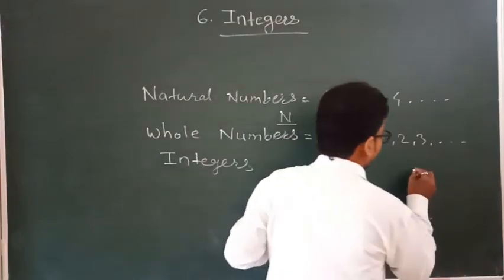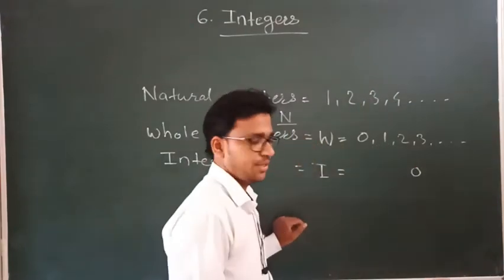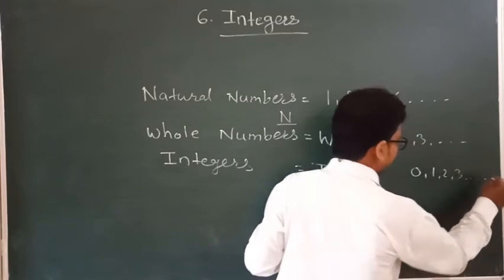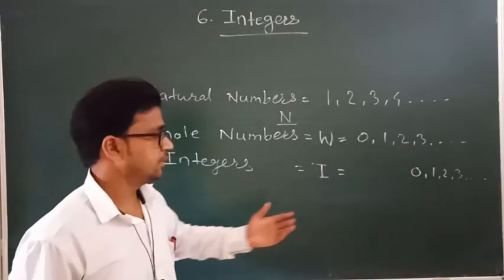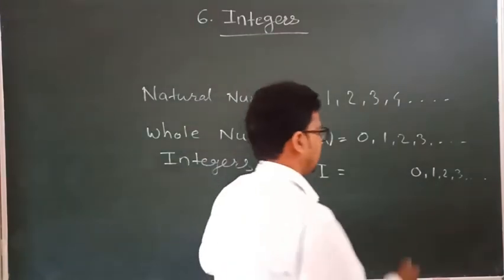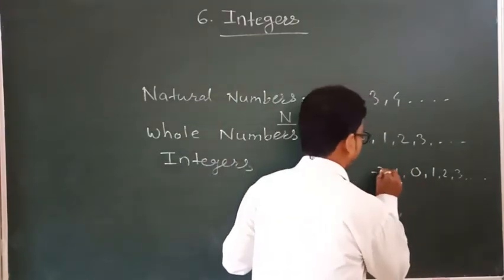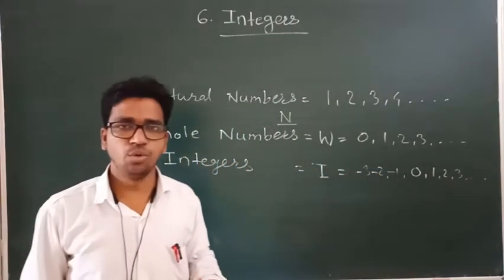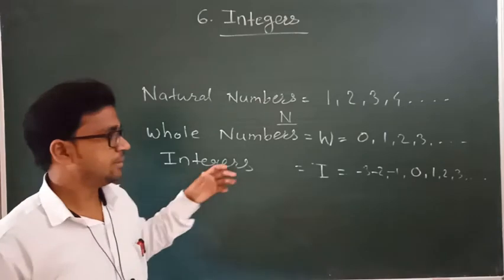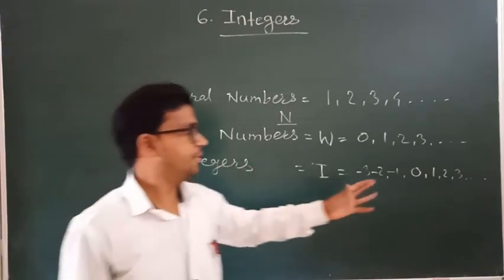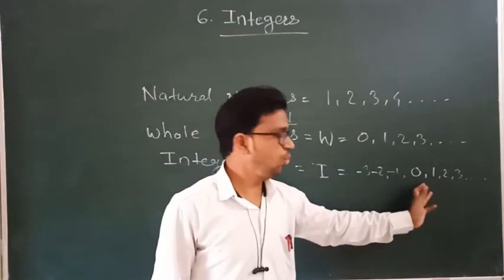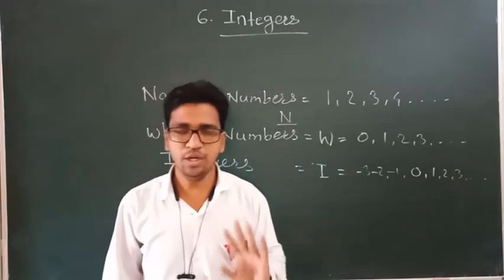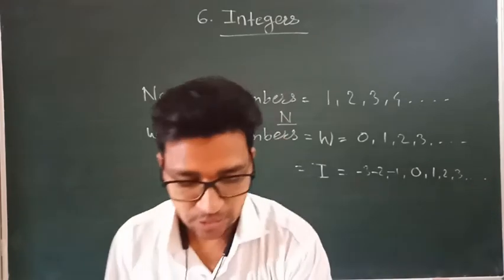Suppose 0 is here, to the right of 0 there are all positive numbers, and to the left of 0 there are all negative numbers and so on. So integers means the numbers where we have 0, all positive numbers and all negative numbers. It is called integers. Okay.